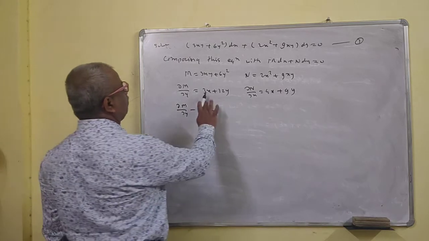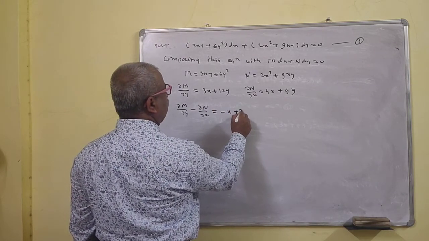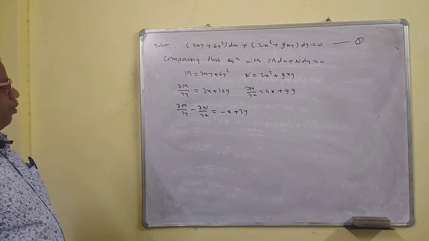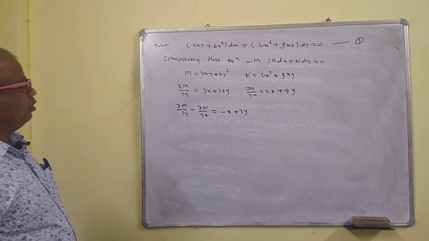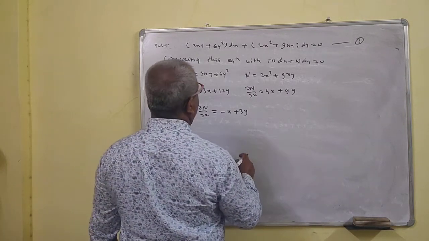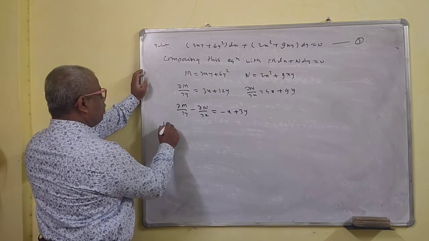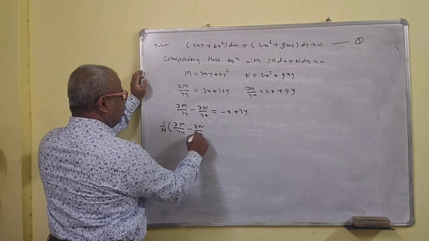So we have to subtract this from this. So this is what? Minus x plus 3y, okay. So let me do this 1/n now, okay.